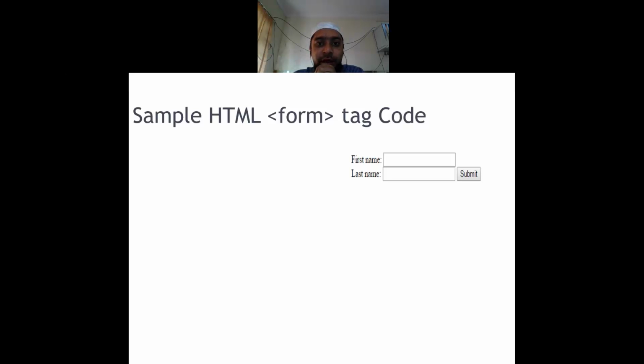The methods for sending the data were the get method, which was sending the data without encrypting it, plain text added to the URL. But when it was sent using the post method, then the data which we are sending from the first HTML page to the server or to the second HTML page was getting encrypted at the client side, and it was being sent over the internet to the server or to the second page.